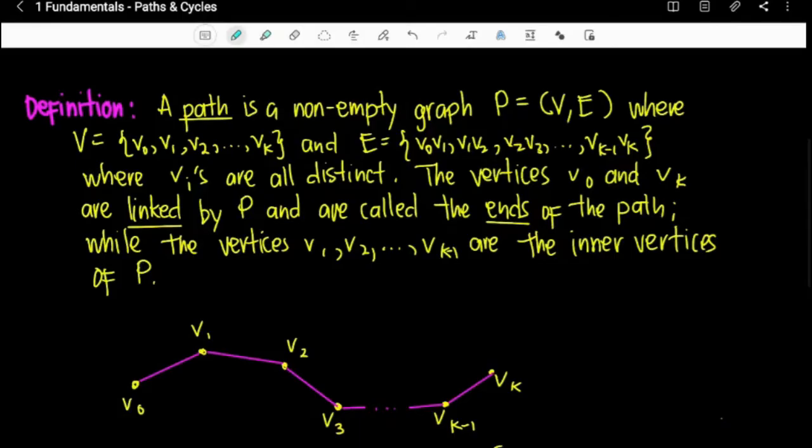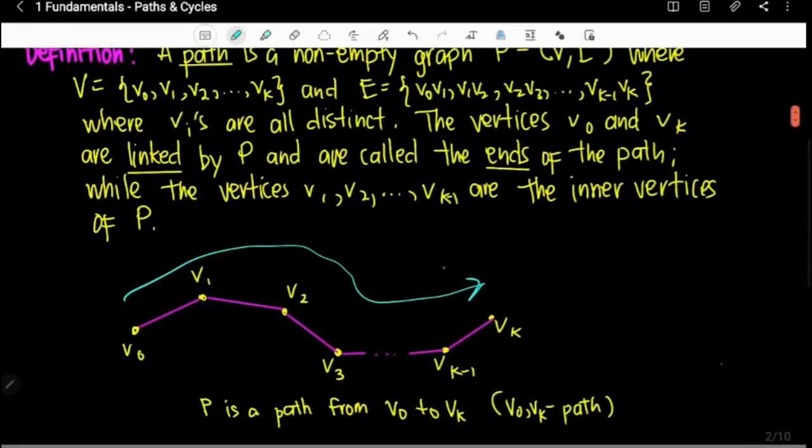So on a path, pwedeng sa V0 ka mag-start papuntang Vk or pwedeng yung Vk yung simula mo pabalik ng V sub 0. So pwedeng papunta ka sa Vk or ang path mo, pwedeng syempre, pwede namang pabalik din, di ba? Okay. So again, this is of length K since there are K edges and the number of vertices are K plus 1.